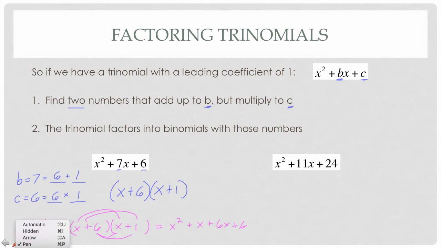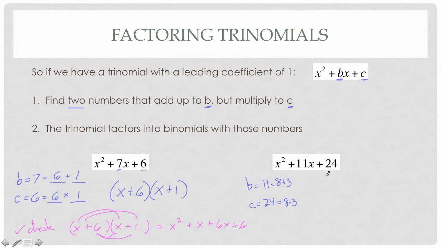Let's do one more over here. So on this problem, we've got b is 11. I need two numbers that add up to 11, but multiply to make 24. And hopefully it's easy to see that those numbers are 8 times 3 and 8 plus 3.